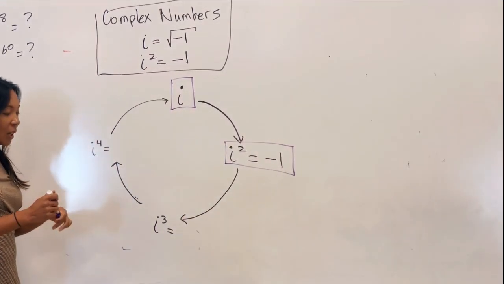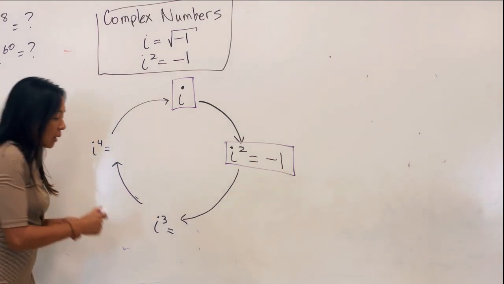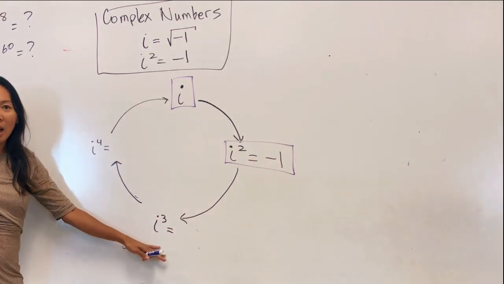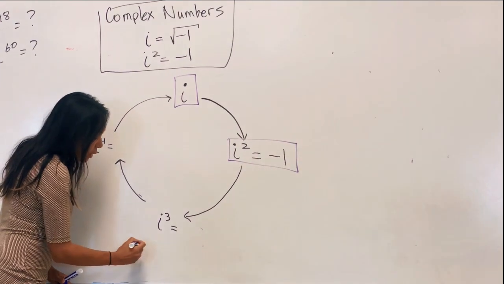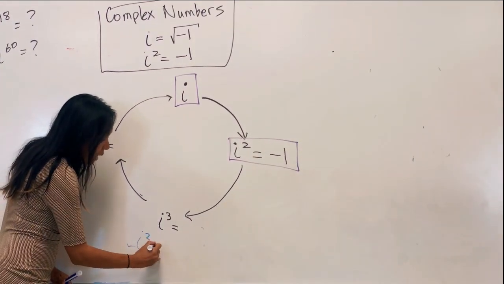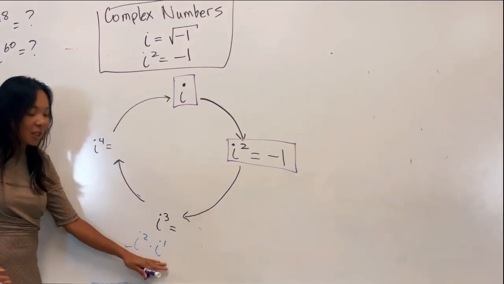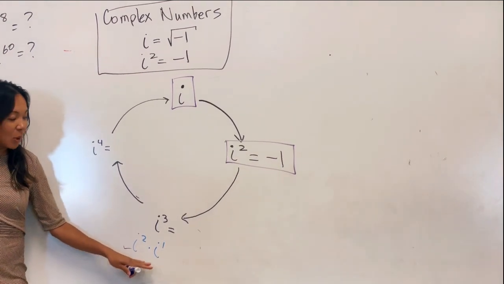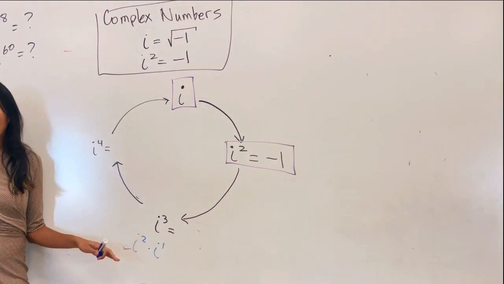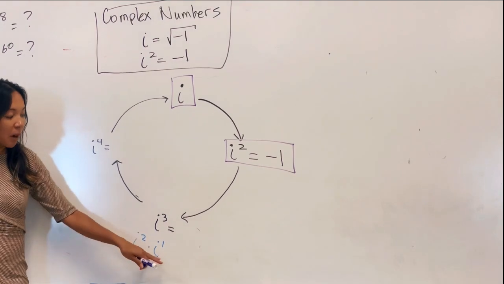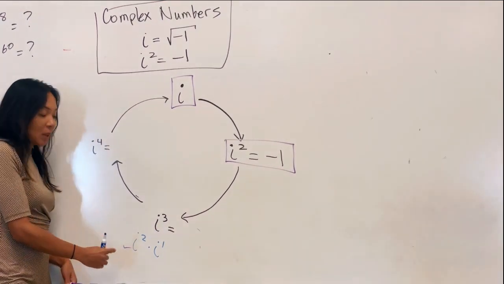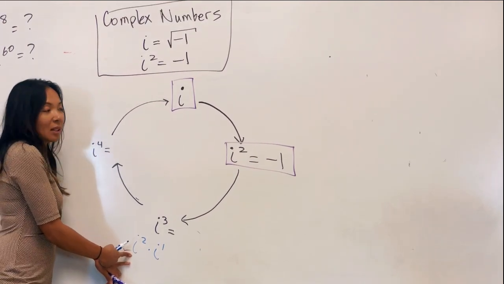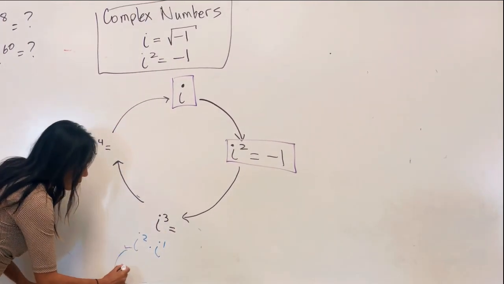Now i to the 3rd. I'm going to derive it just so you can see how we get i to the 3rd. You can get i to the 3rd by saying i squared times i to the 1st power. Do you agree? i squared times i is i to the 3rd, by the product rule of exponents: you add the exponents. But what is i squared? -1.